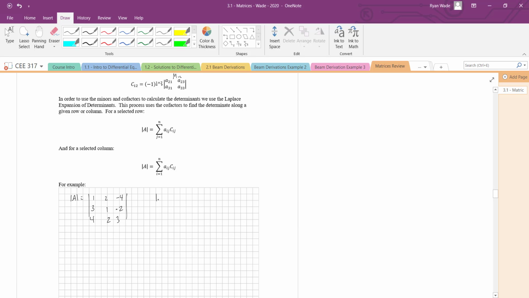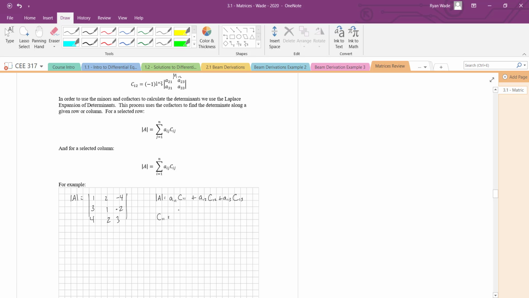So if we say that our determinant is going to be equal to A11 times the cofactor 1, 1 plus A12 times the cofactor 1, 2 plus A13 times the cofactor 1, 3, we can actually calculate our determinant.